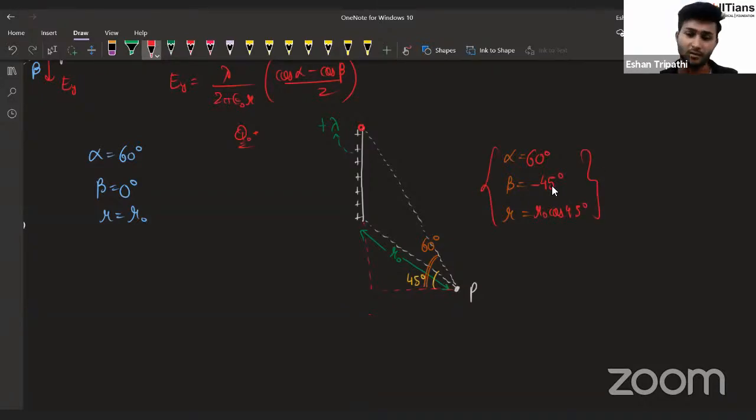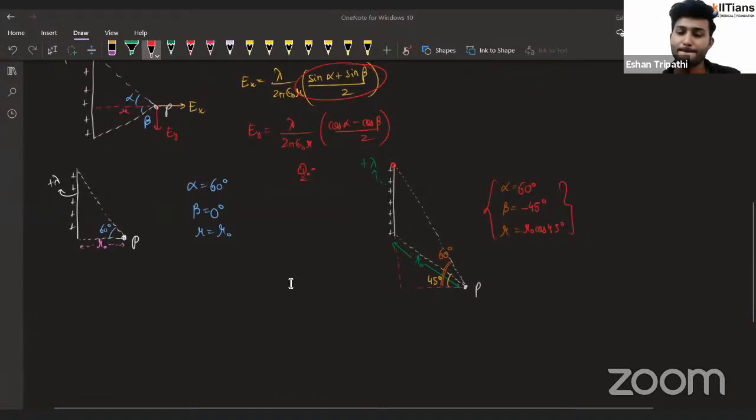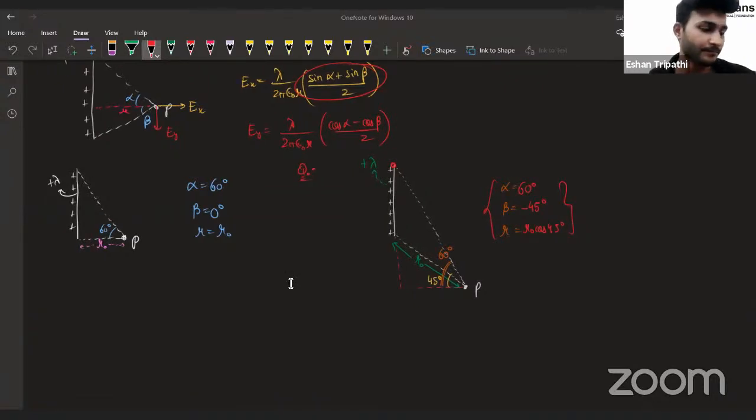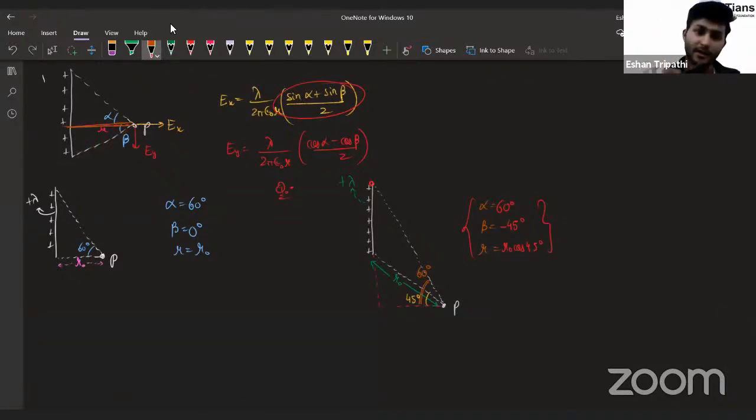Let me know if you have any doubt in this. Shashank, because beta is the angle that this line forms with this perpendicular below it.